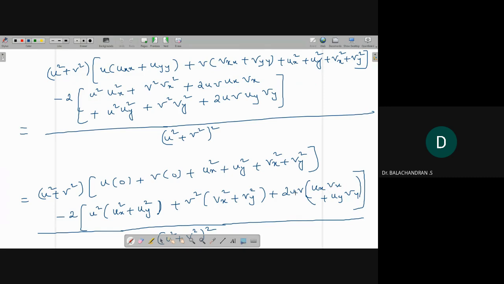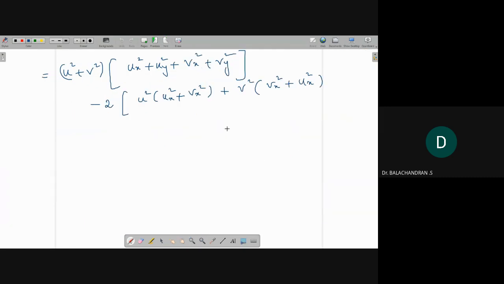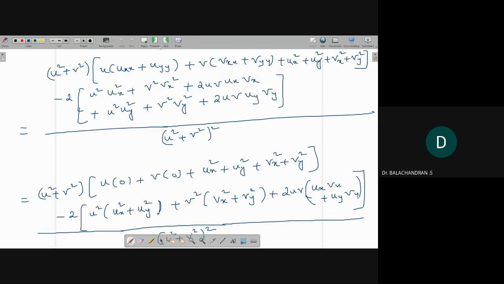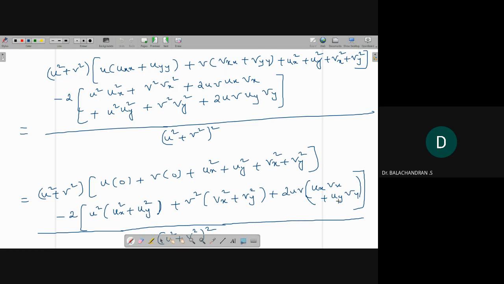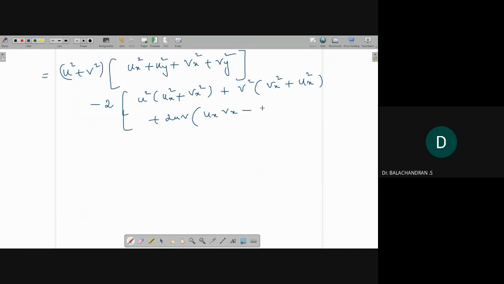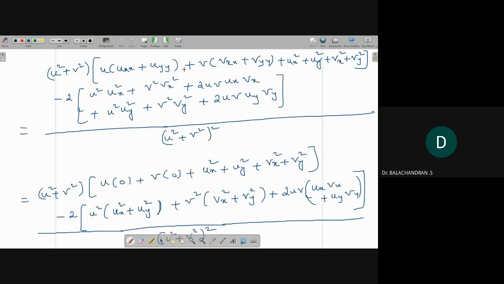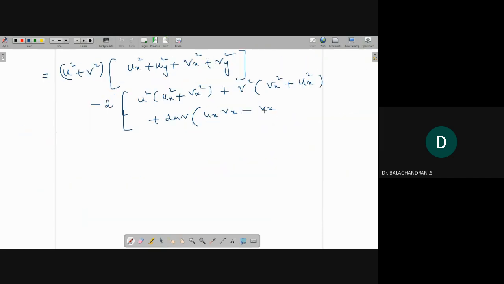And then similarly here what? Plus 2uv into ux into vx. Okay, uy is what? Minus vx. Vy is ux. So this is also 0. And here, this is actually ux square plus vx square. This is also ux square plus vx square.